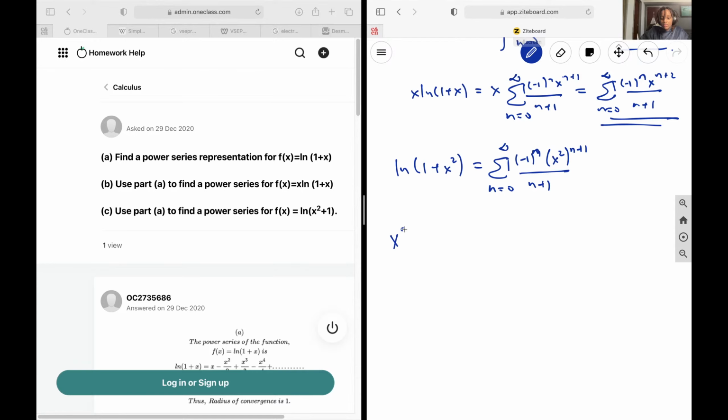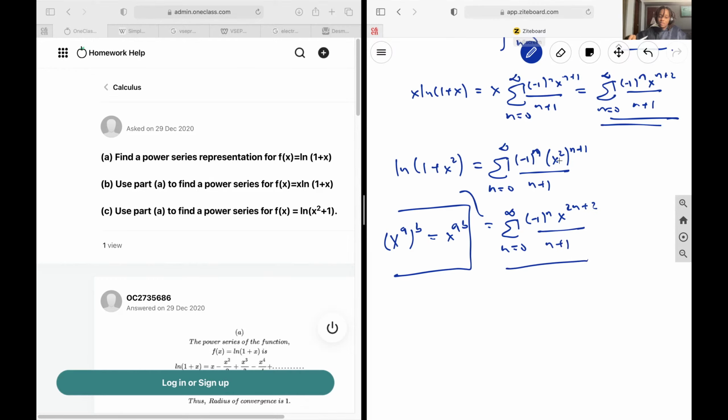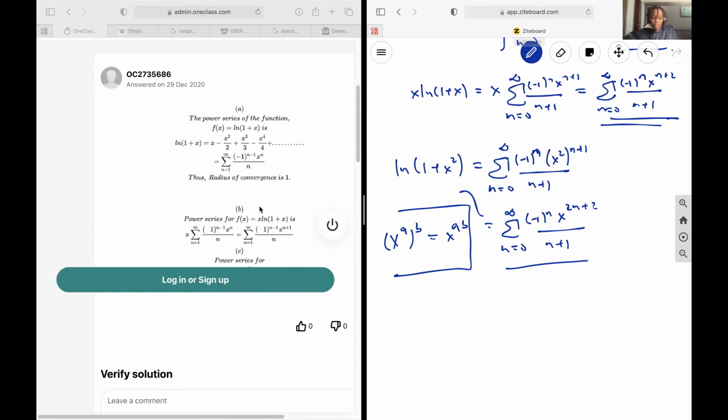And you know that x to the power of a, to the power of b, will give us x to the power of ab. Applied to this, we get that this is equal to the summation from n equal to 0 to infinity, negative 1 to the power of n, x to the power of 2n plus 2, all over n plus 1. And that's going to be your final answer.